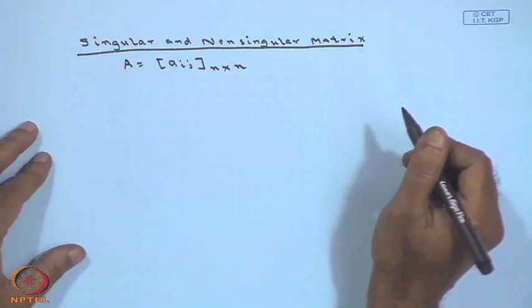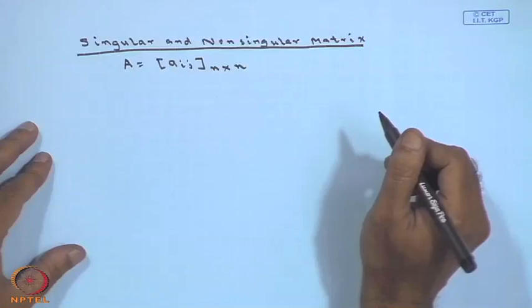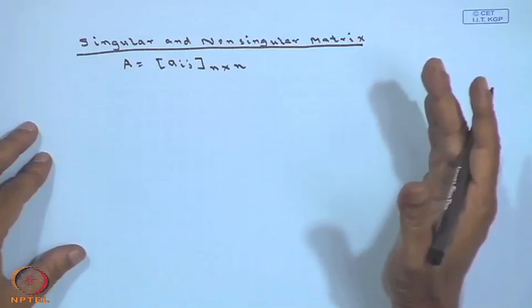Now, we say that A is a singular matrix if determinant of A equals 0. The matrix A is said to be non-singular if determinant of A is not equal to 0. If it equals 0, then it is a singular matrix.